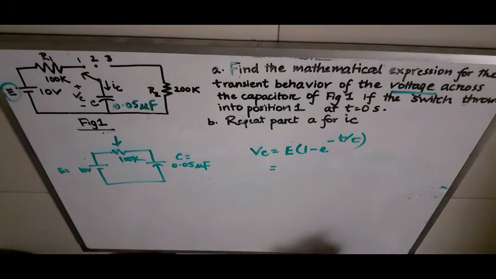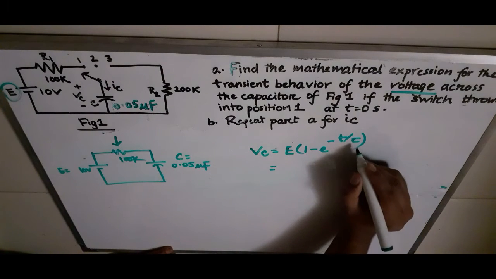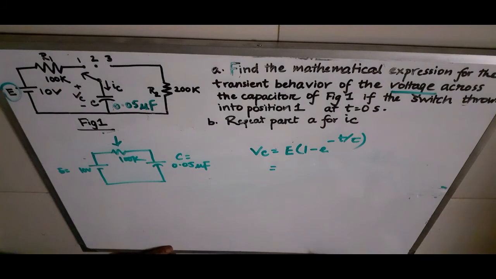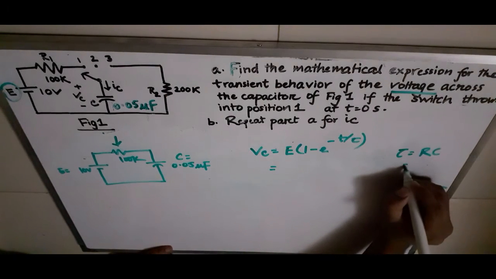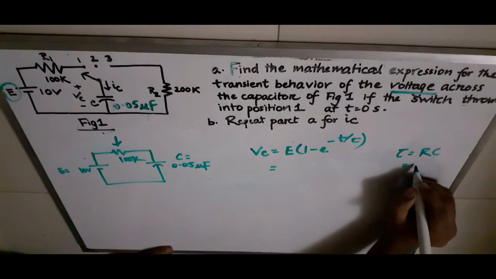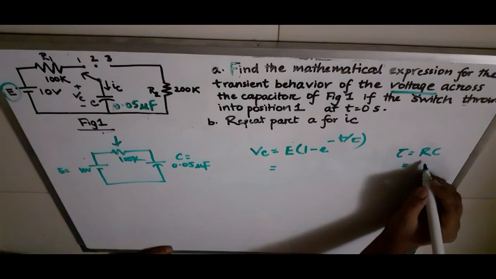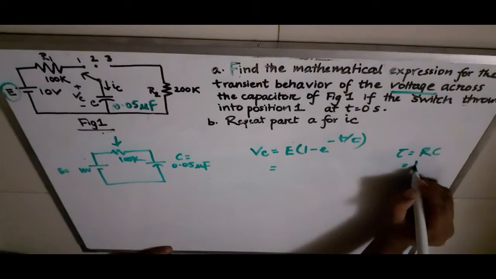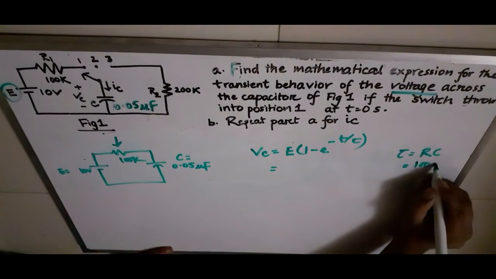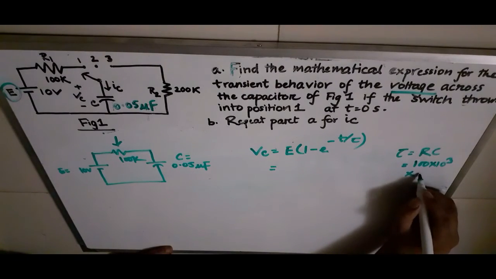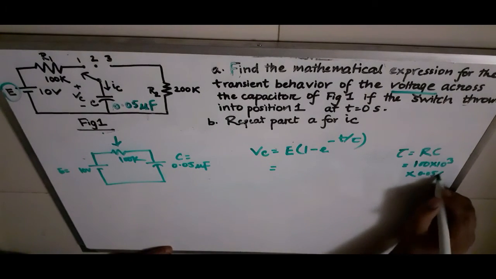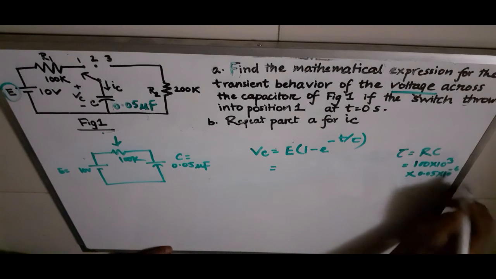And is there any other value we need to know? Yes, there is another value that is unknown, that is tau, right? We don't know that value. So what should be the value of tau? Tau is R into C. R is 100K, 100 into 10 cube, multiplied by C value, 0.05 into 10 to the power minus 6.